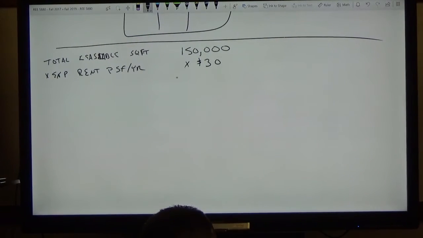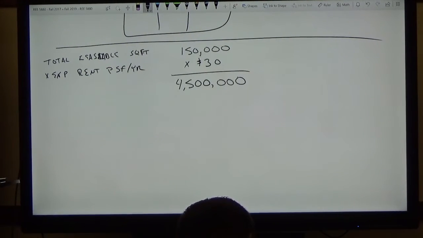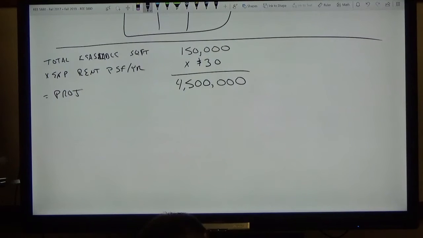All right? So the first thing we're going to do is simply the math: taking 150,000 square feet times 30 bucks a square foot, which is simply going to be our projected potential gross income. Okay?